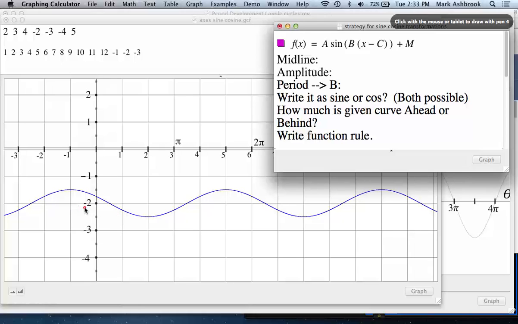Min, midline, or max? Start at negative 1. Right. Negative 1.5? Max? 1.5. So ours. Oh, so this first curve starts first. Is ours ahead or behind the standard cosine? It's ahead.